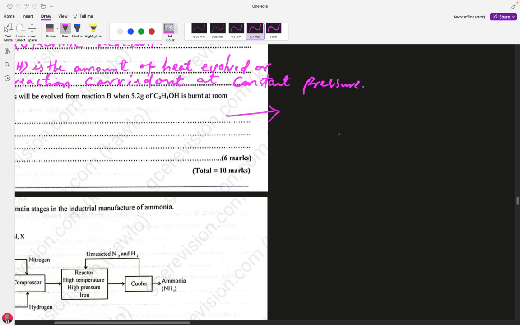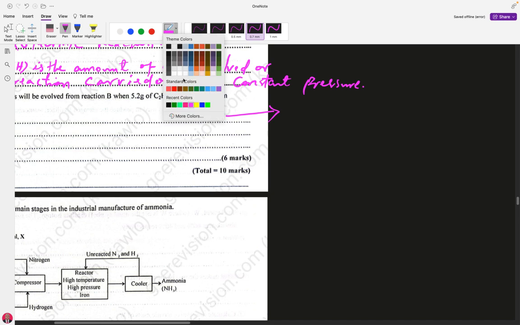Let me start here. You have to use the equation you have been given, the reaction you have been given, in calculating this. So the first thing is I need to write my equation. When you write your equation, you are set to start.